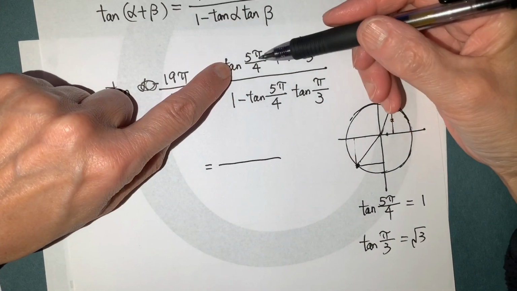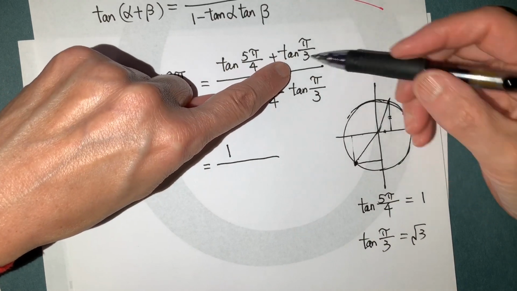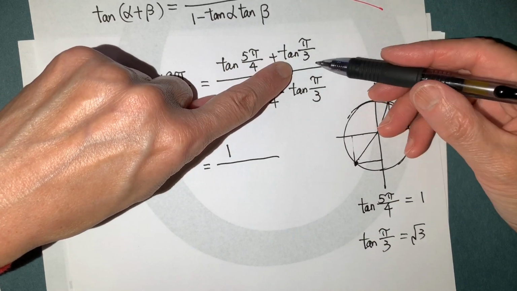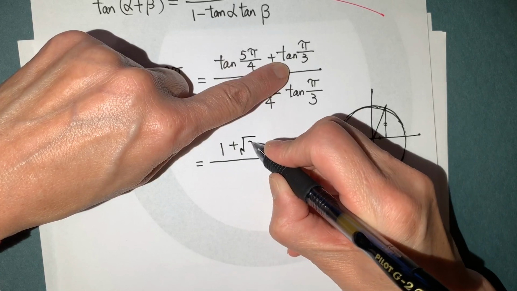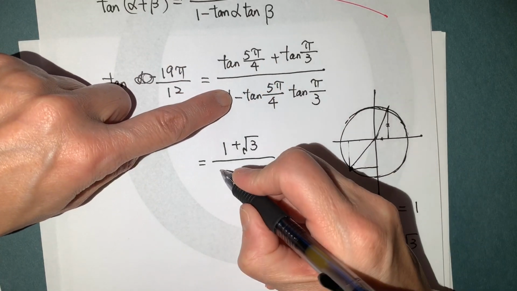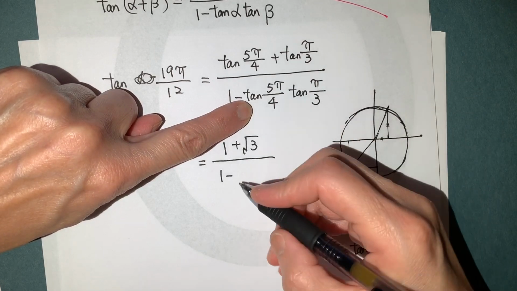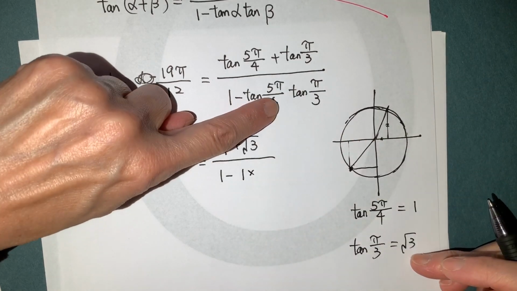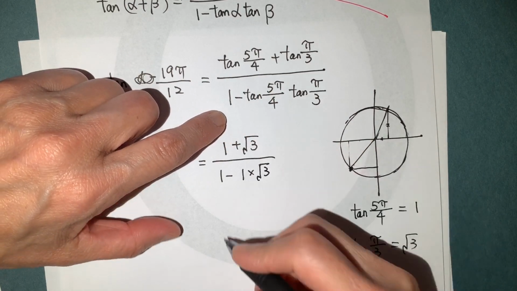So tangent 5 pi over 4 is 1, plus tangent pi over 3 is root 3, over 1 minus 1 times root 3.